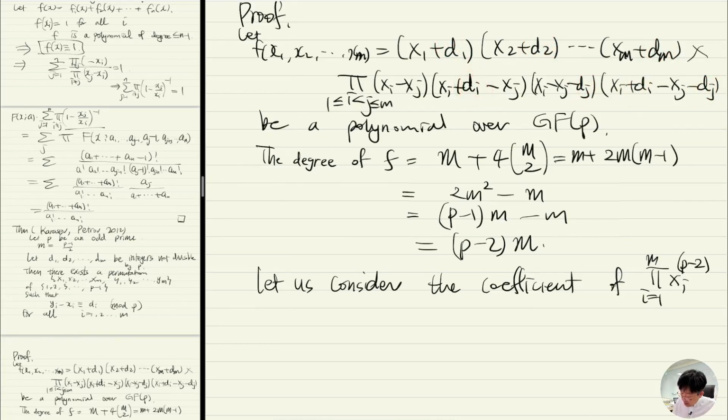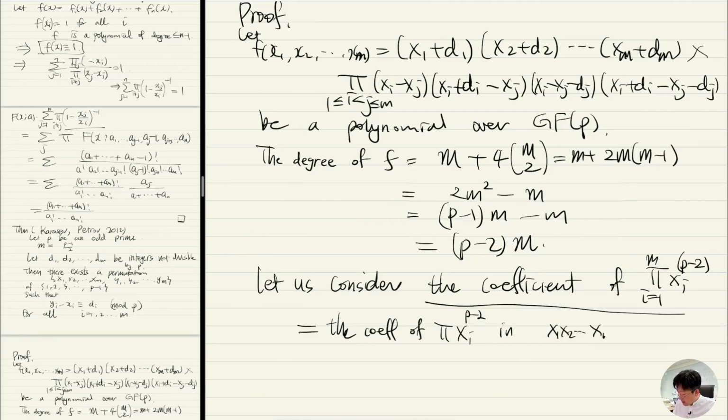So that coefficient will be equal to the coefficient of the product of xi to the p minus 2 in x1, x2 up to xm, and then the product over i less than j of xi minus xj to the fourth power, right? So that's the coefficient of the product of xi.